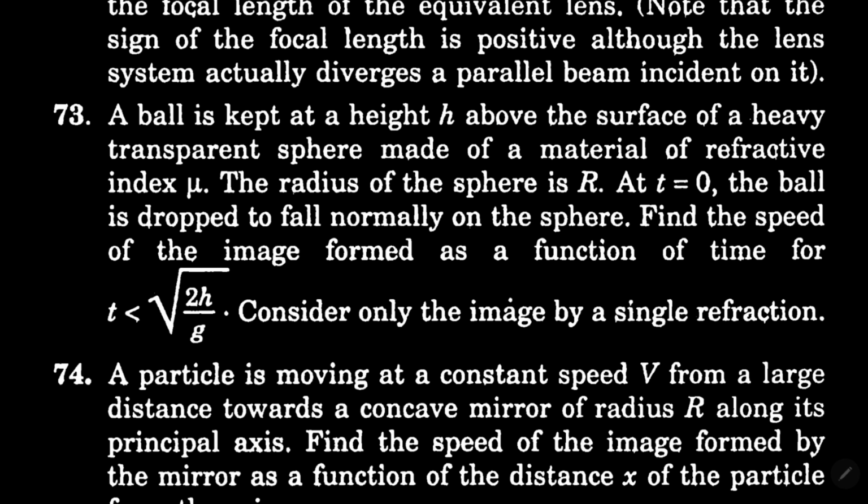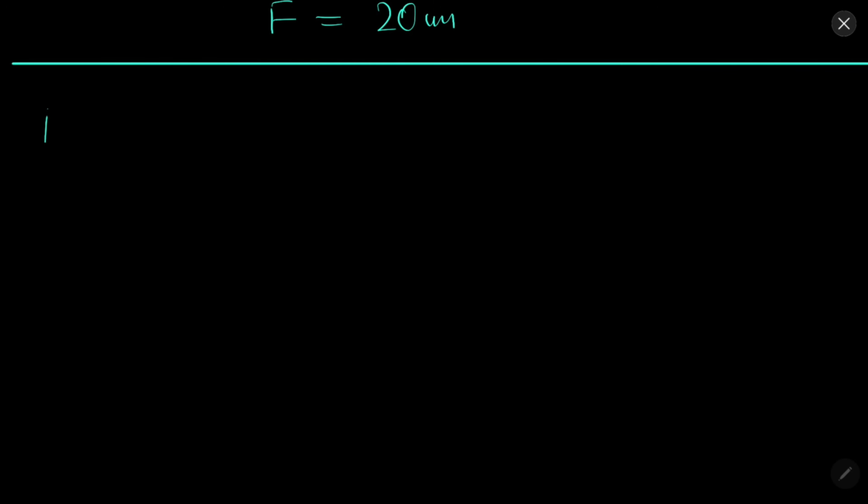In question 73, a ball is kept at height h. Find the speed of image formed as a function of time. Solution 73.